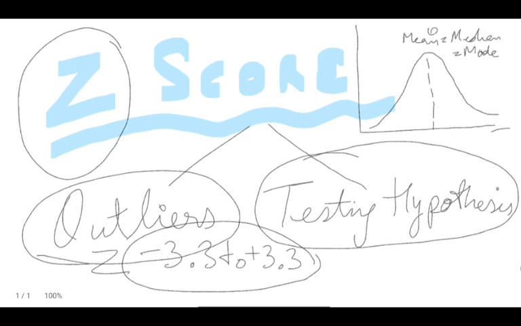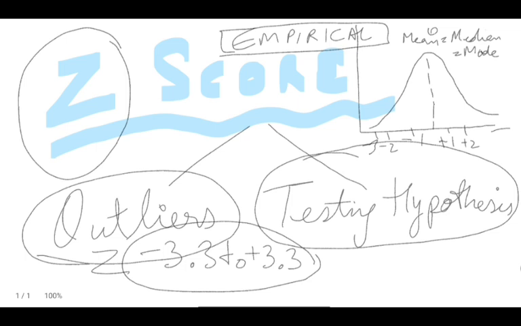Now the empirical rule says that if I have a normally distributed population, in that case, let me plot it: minus 1 SD, minus 2 and minus 3 standard deviations. This is plus 1, plus 2 and plus 3 standard deviations.